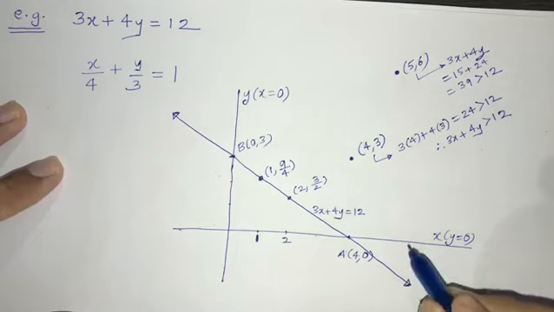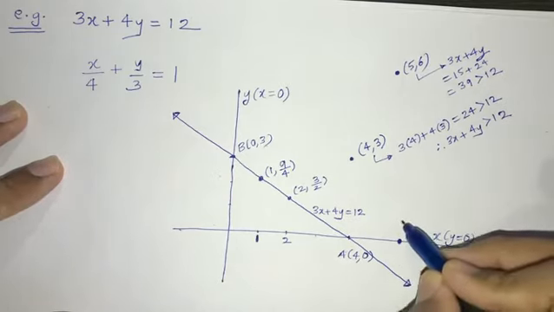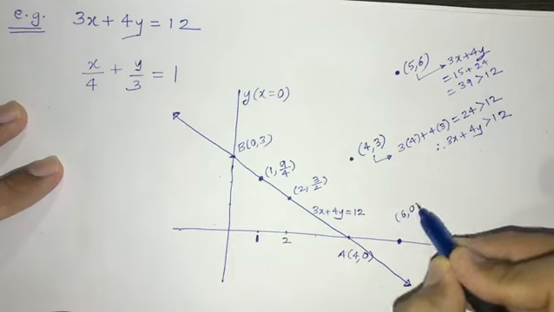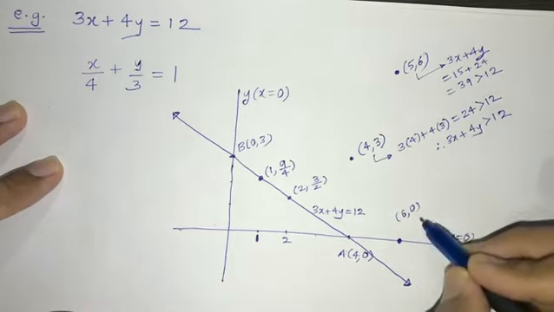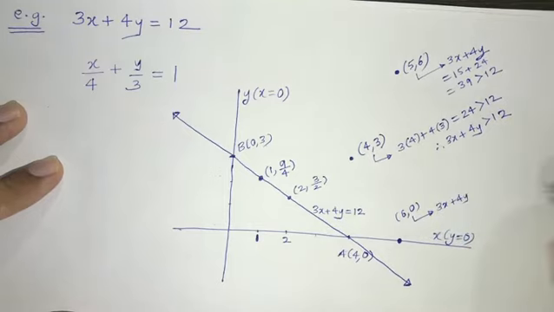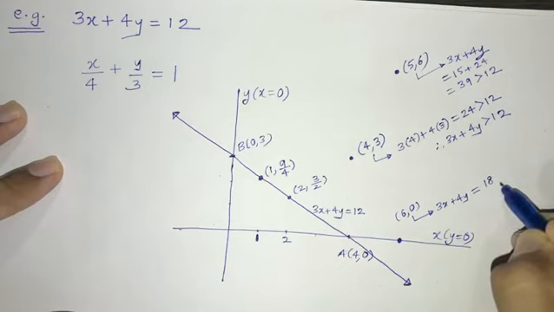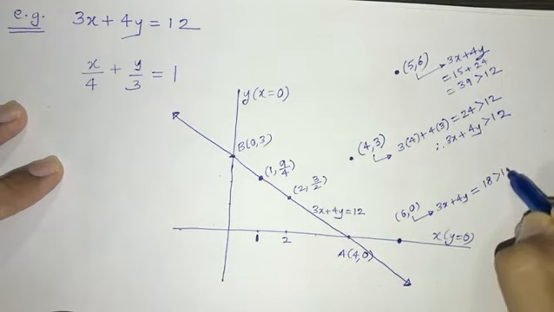I hope you are understanding this. Let us take another point here, (6, 0). 3x plus 4y is equal to 18, and 18 is greater than 12.